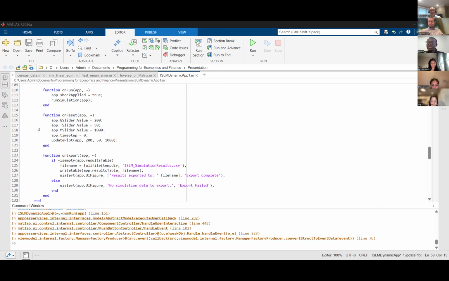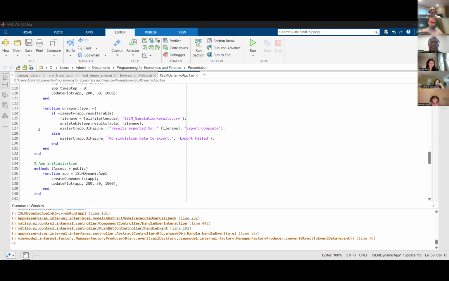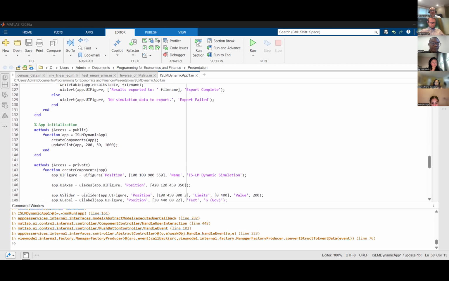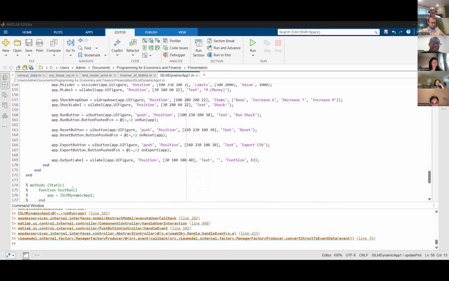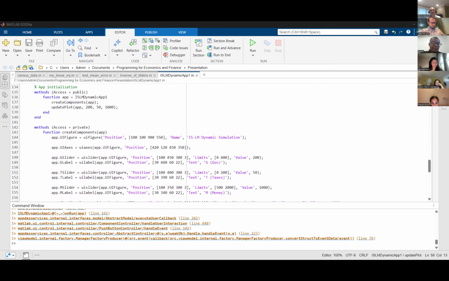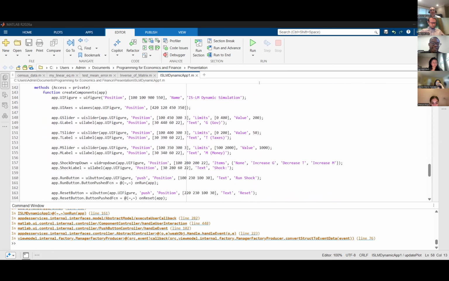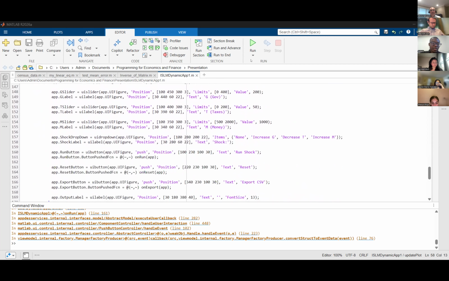And then on export, there's also an option to export your iterations to a CSV file. And then this is the function for the components.